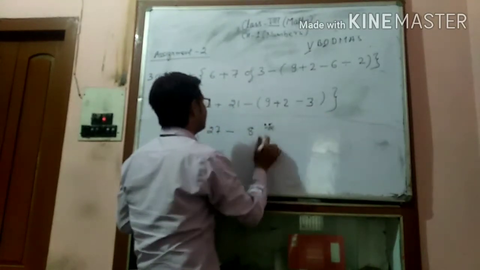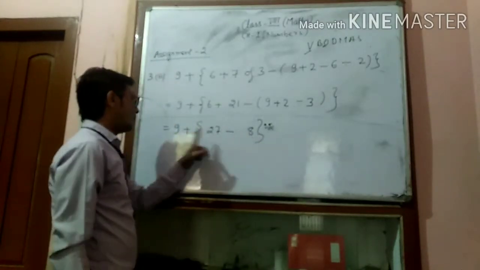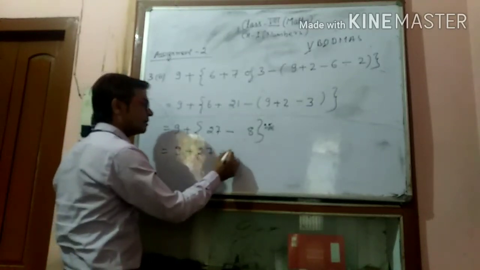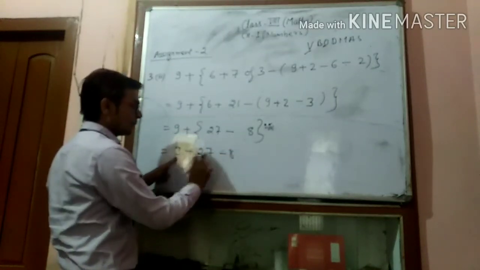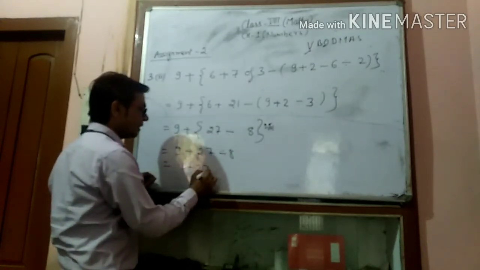Open the bracket, it becomes 8. Now 27, open all the brackets, 9 plus 27 minus 8. Now subtract both of them, 9 minus 8, 1. That will become 1 plus 27 is your answer.